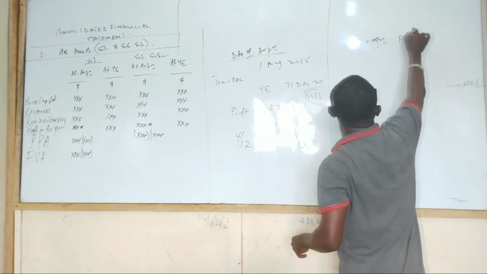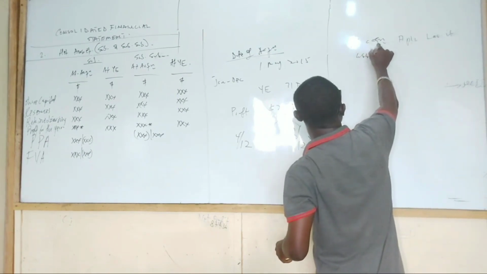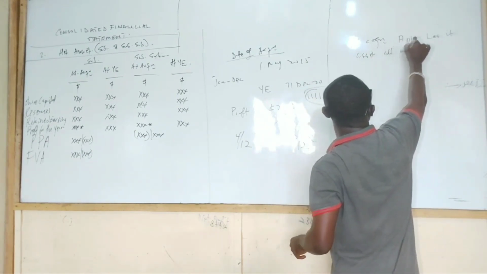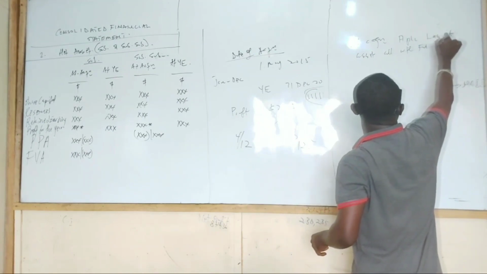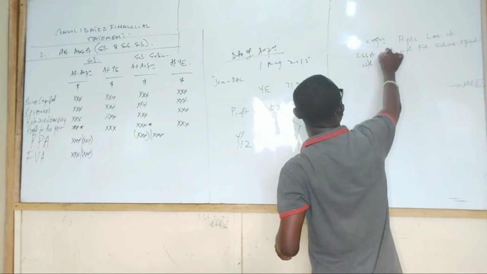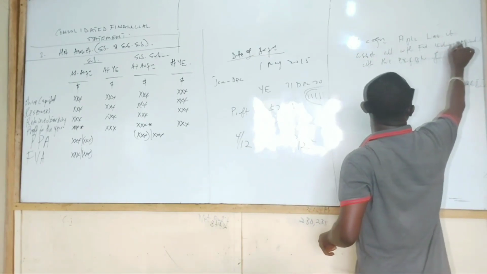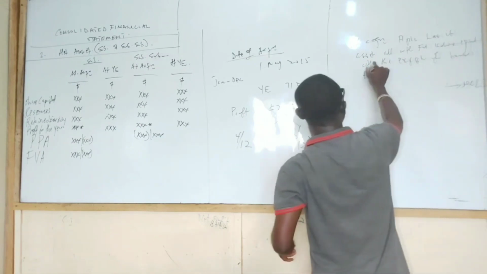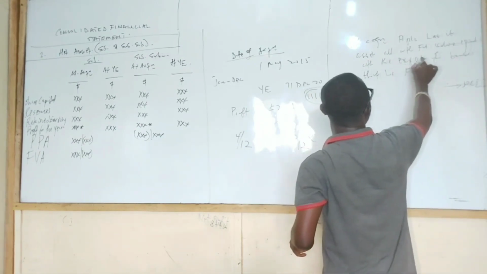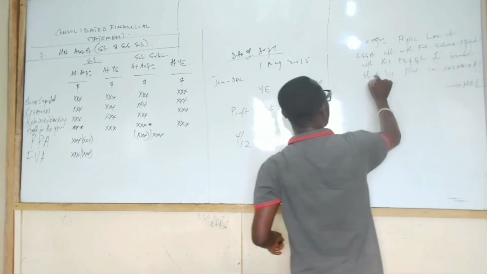A PLC has its assets all with fair value equal, with the exception of building that has fair value in excess of maybe $2 million.